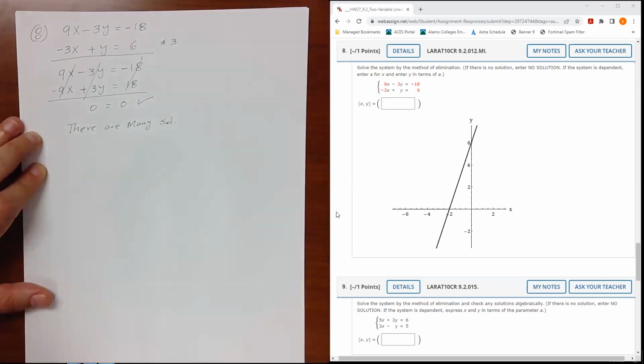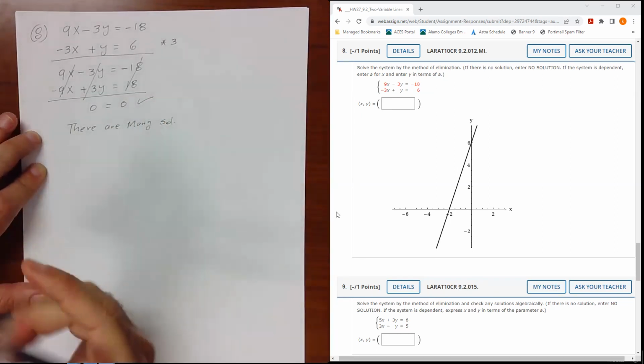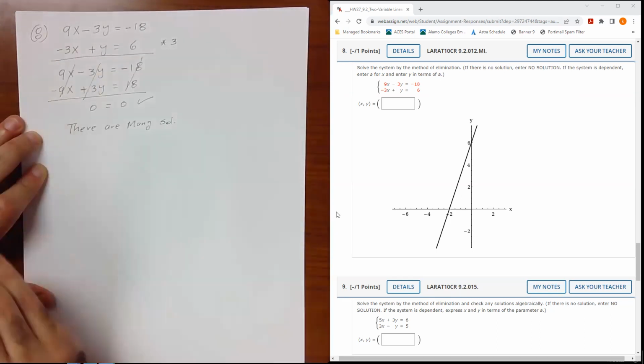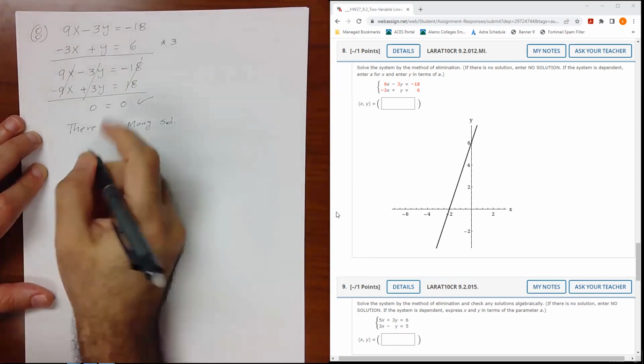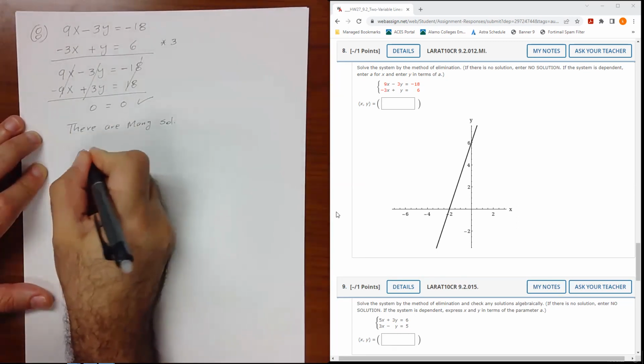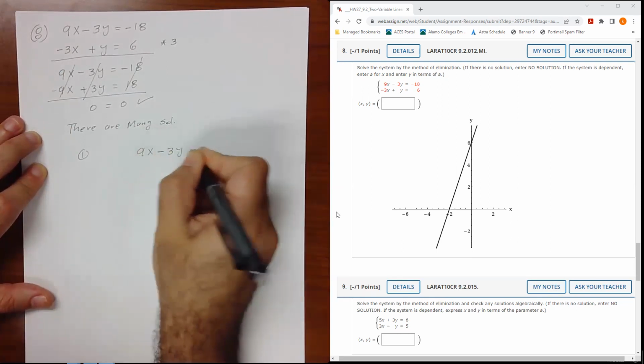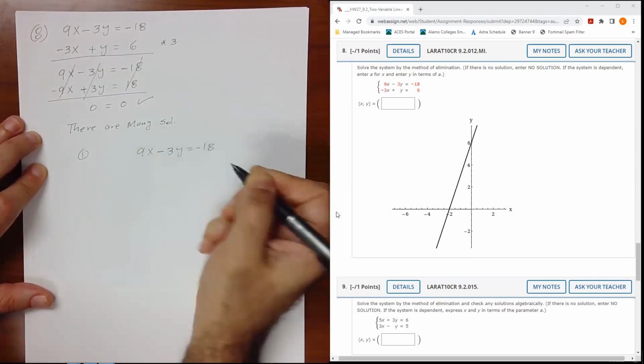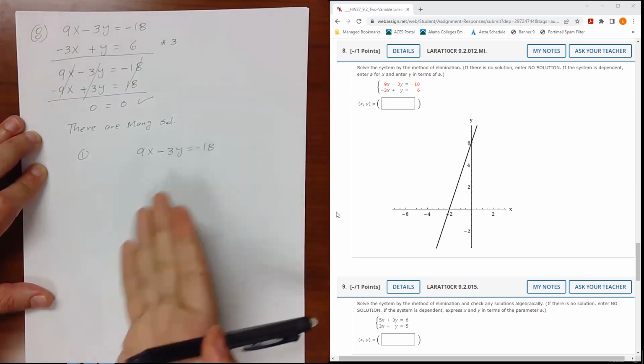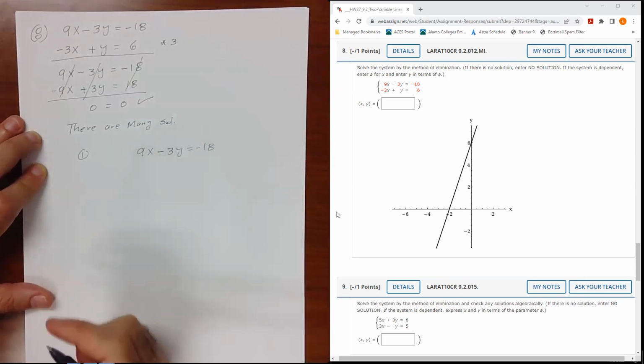How are we going to find these solutions? We have to write down the solutions. In this case, you're going to take one of these equations, the first one or the second one. It's up to you. So we're going to take the first one: 9x minus 3y equals negative 18. I'm going to solve this one for y.